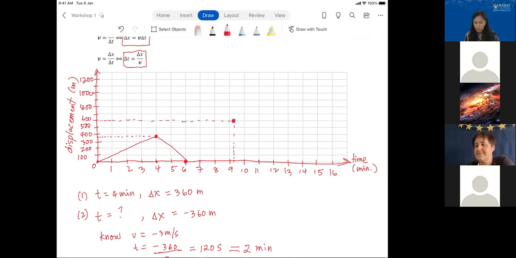So that's where you are 3.3 minutes after you've started jogging towards the lecture theater, right? So that's how the graph will look now.